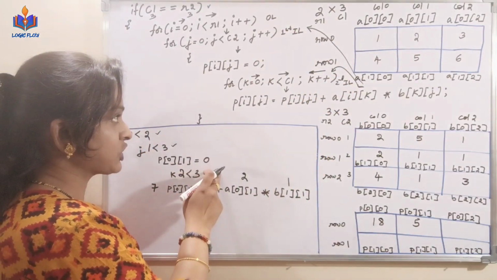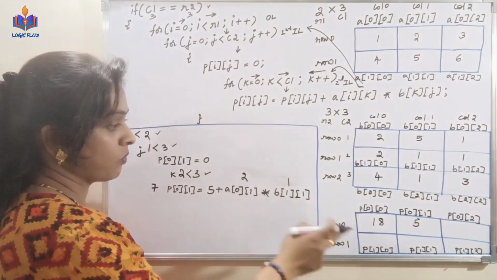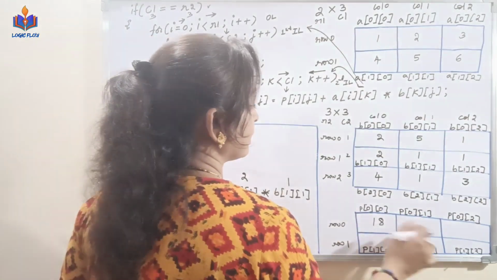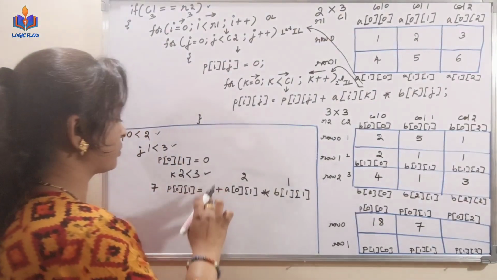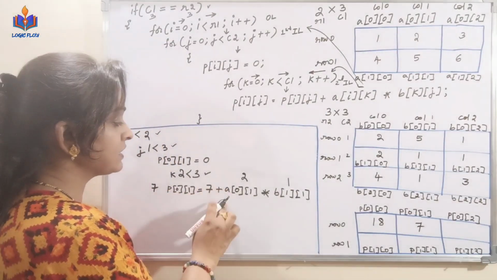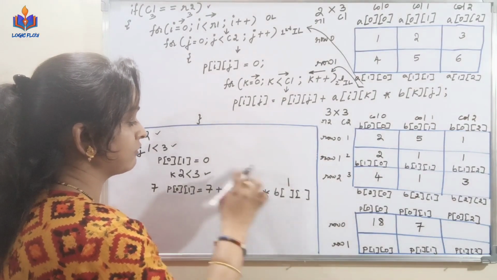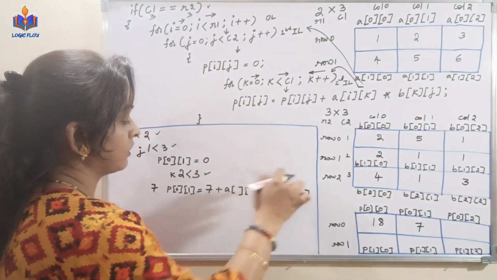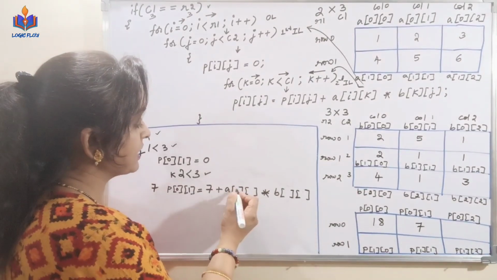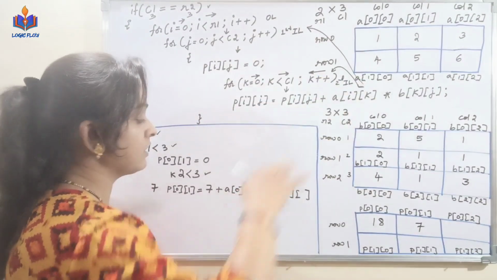Again condition true, get inside. Ij, what is Ij? Ij is 0, 1. I have changed all the values so that you don't get confused. I is 0 itself, the first row itself.